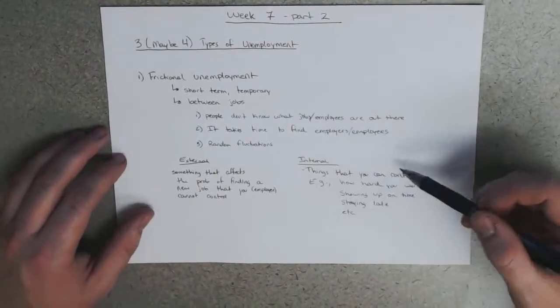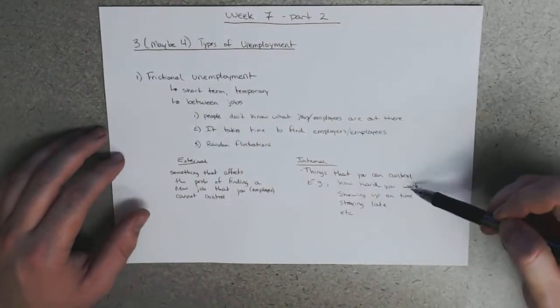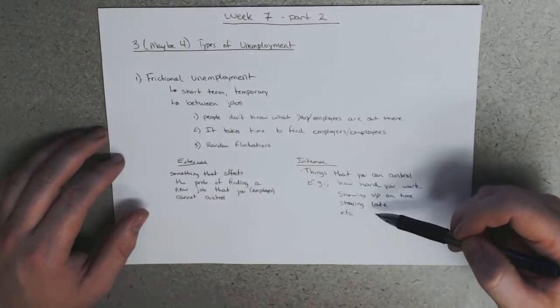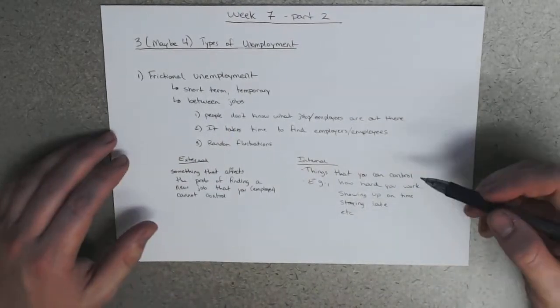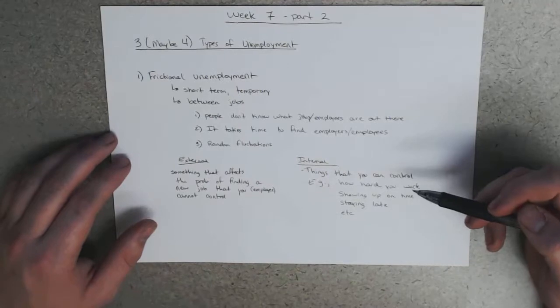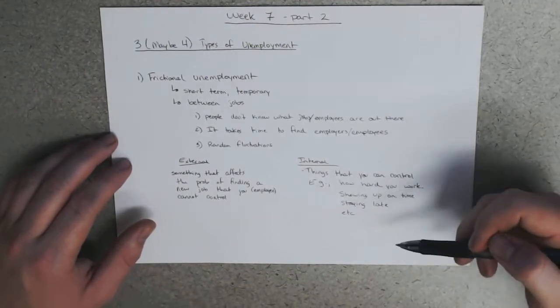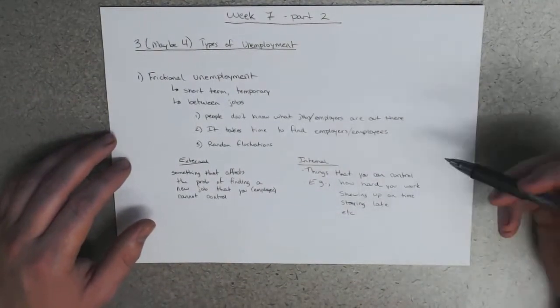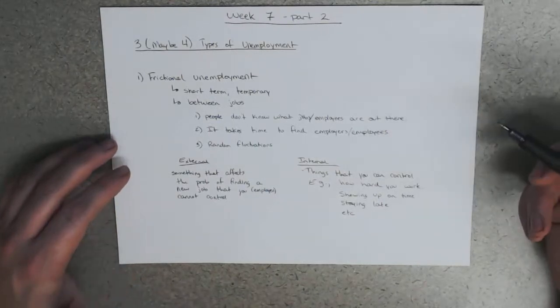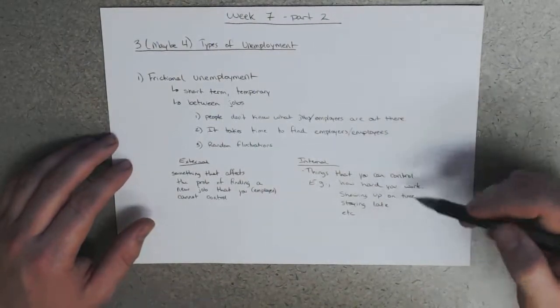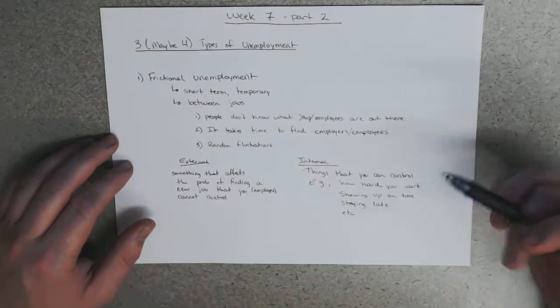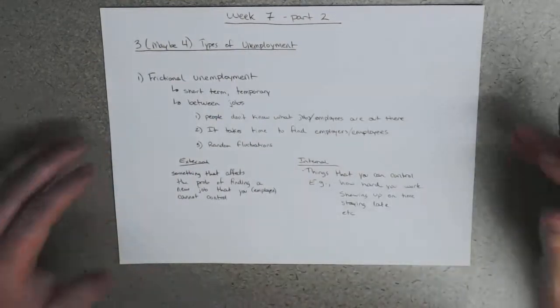So if you do these things, if you work hard, if you show up on time, if you stay late, the probability of you losing your job will go down, and the probability of you finding a new job, if necessary, will go up. And so these are our internal determinants to finding a job.